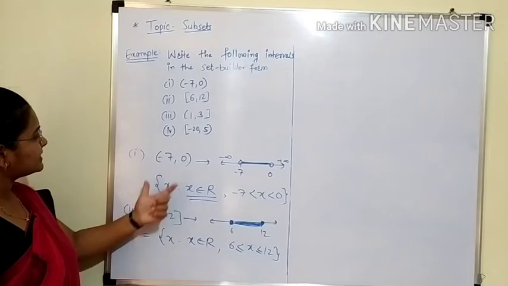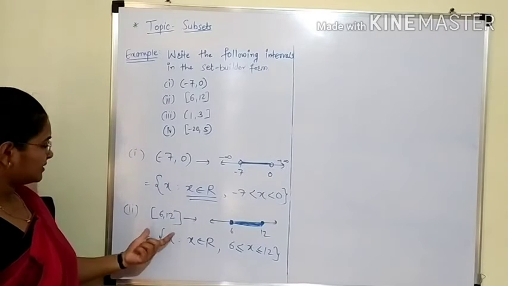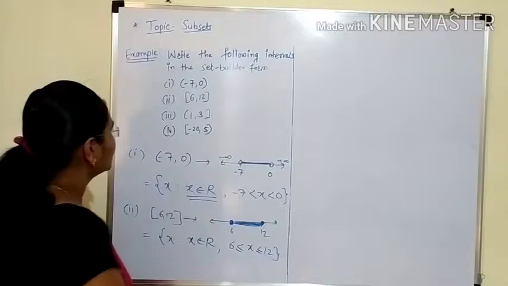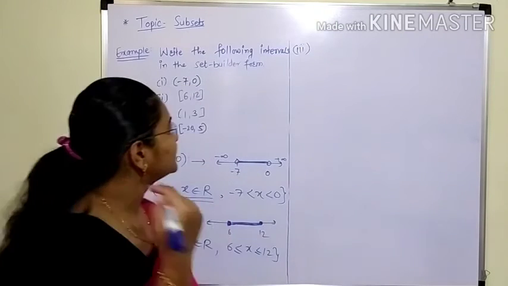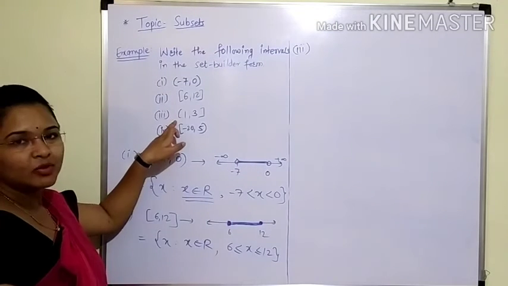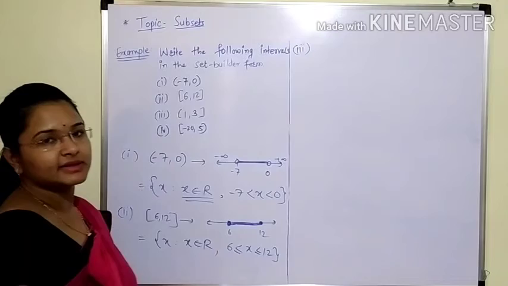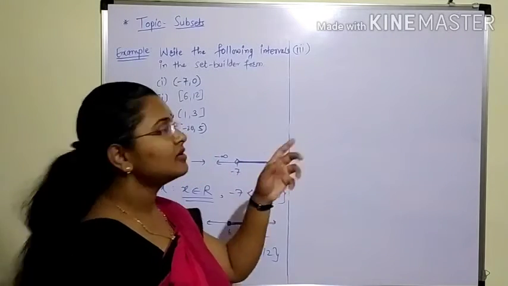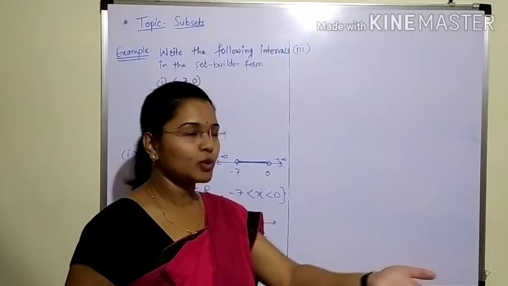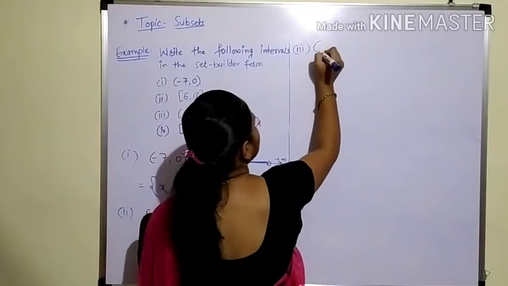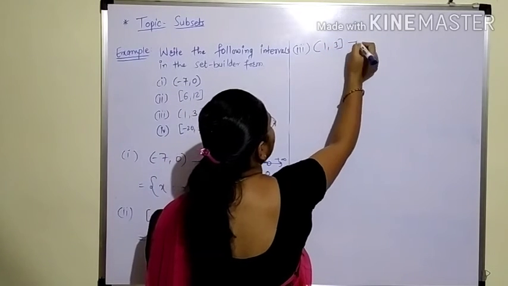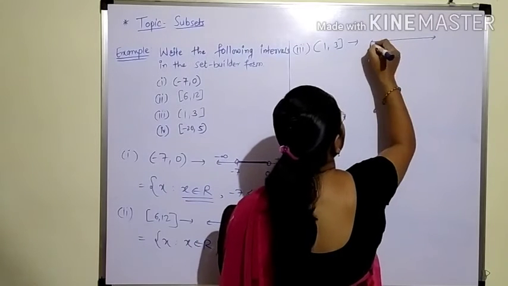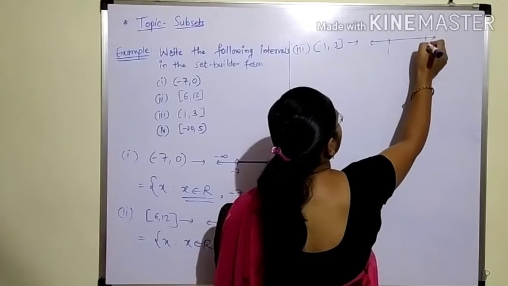Now we have taken the examples of open and closed brackets. Now we'll take semi-open and semi-closed brackets. In the third question, we have the semi-open interval (1, 3]. Semi-open means its starting bracket is open and end bracket is closed. If we draw this interval on a real number line, we get 1 to 3.